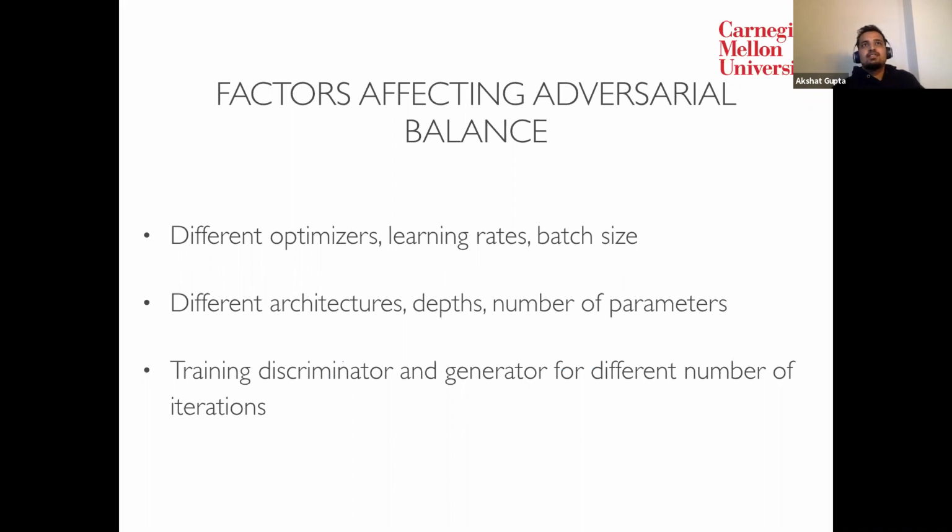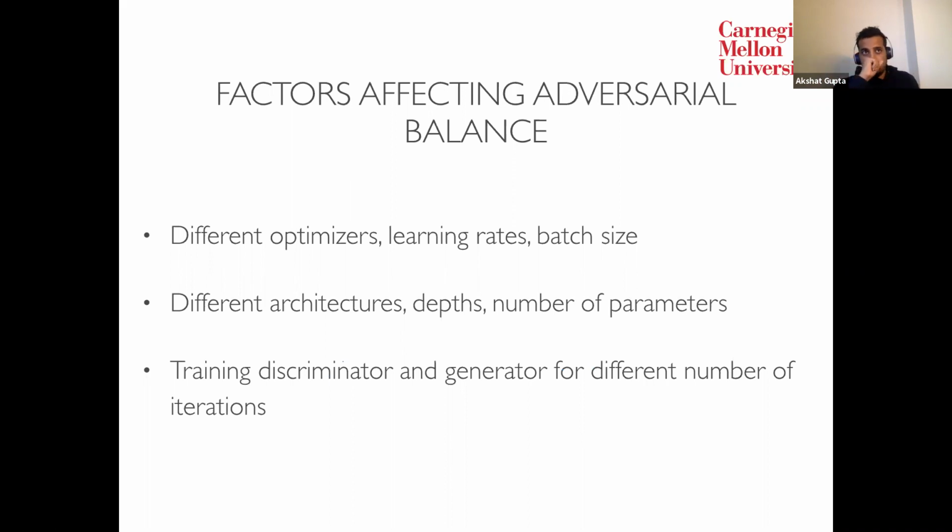There are different factors that affect the adversarial balance here. If we use different optimizers, learning rates, batch size, it could lead the two components to be at different points. Different architectures, depths, number of parameters that we use to train these networks also affect that.